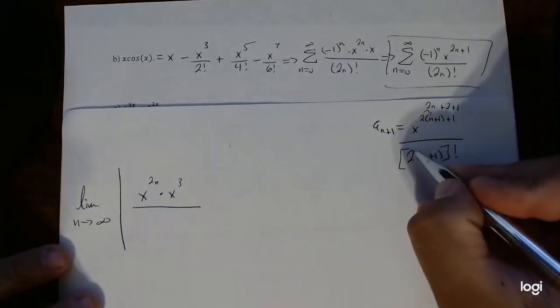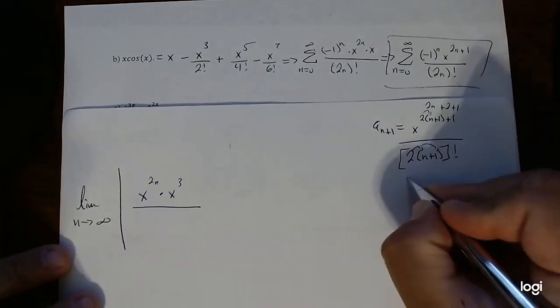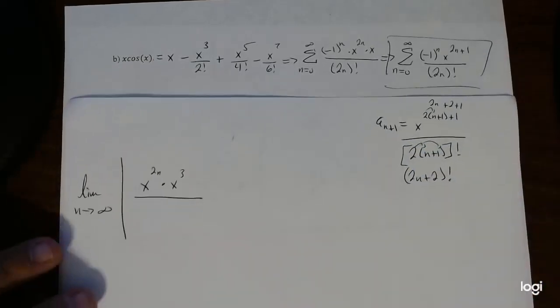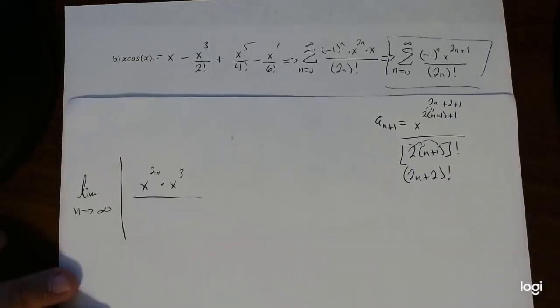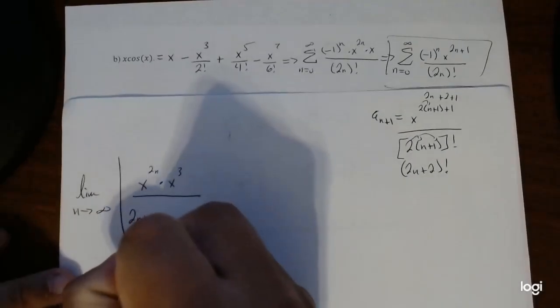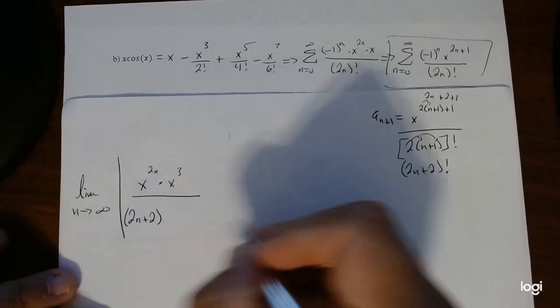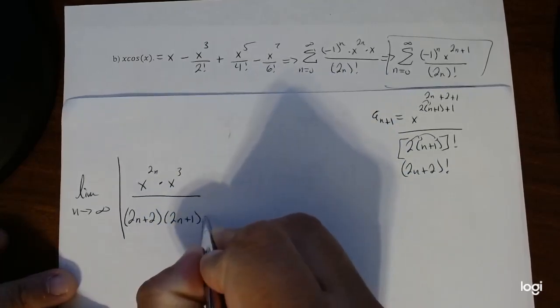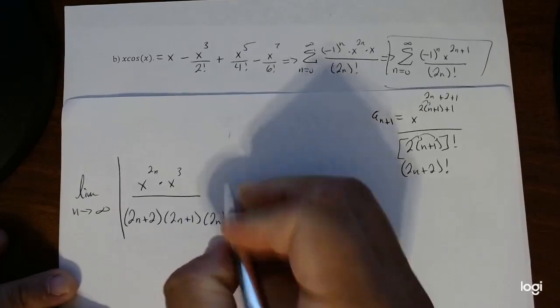And over here, if I distribute, this is 2n plus 2 factorial. Okay. So this is going to be 2n plus 2, 2n plus 1, and then 2n factorial.